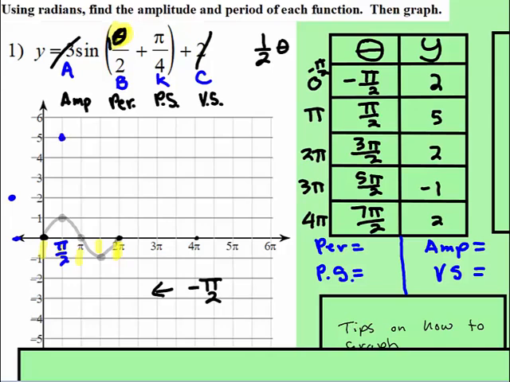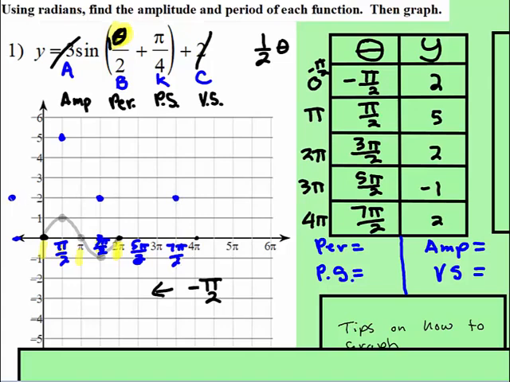And then at 3 pi halves, which would be right here, we're back up at 2. And then at 5 pi halves, right there, we're down here at negative 1. And then at 7 pi halves, we're back up there at 2.